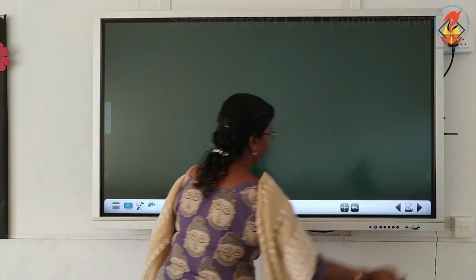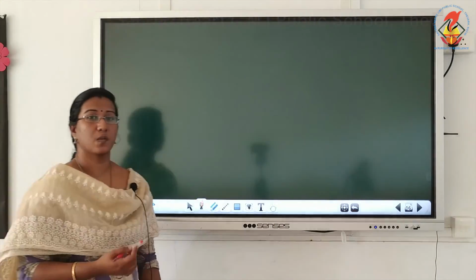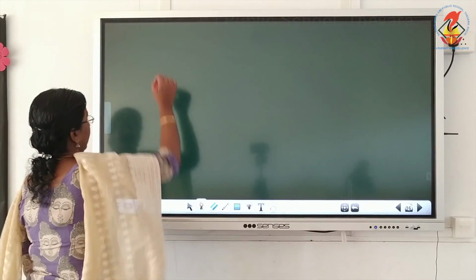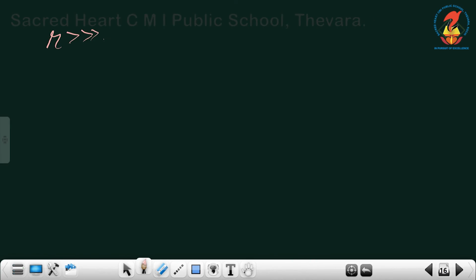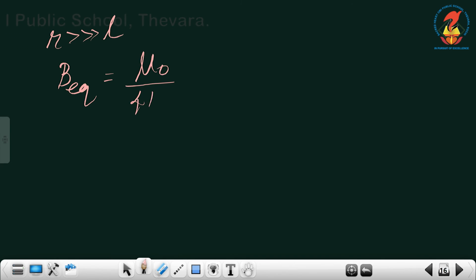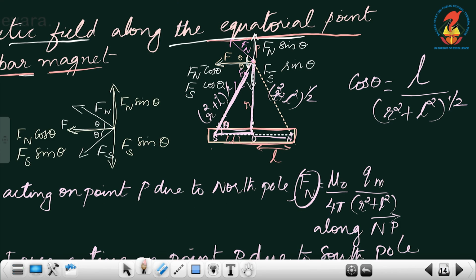Now if my point P lies very far away from the magnet, then I can write R is very much greater than L. So the above equation becomes B equatorial is equal to mu 0 by 4 pi m divided by R cube. And what is the direction of the resultant force? Direction of resultant force is from P to this side.